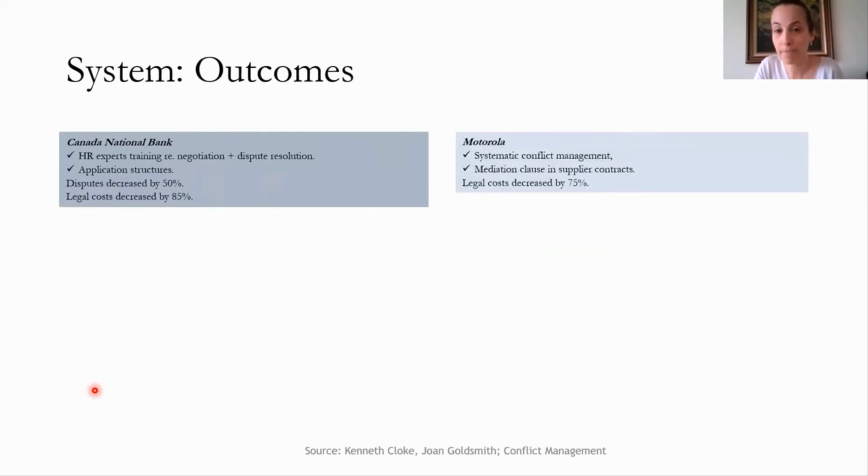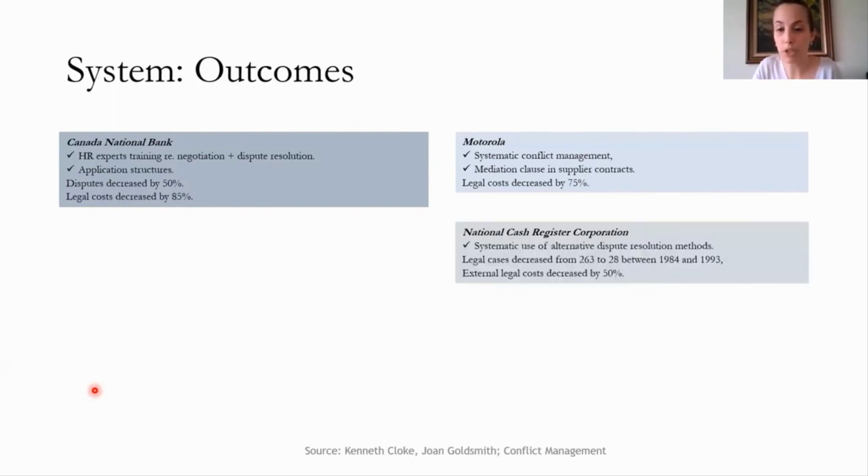In Motorola, they established a systematic conflict management. They used a mediation clause in their supplier contracts, so they also established a commercial conflict management system, and they report that their legal costs decreased by 75%.